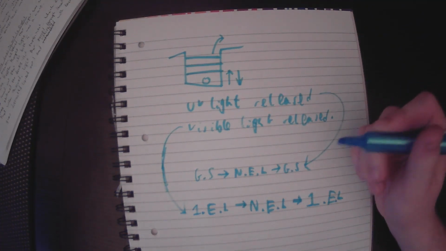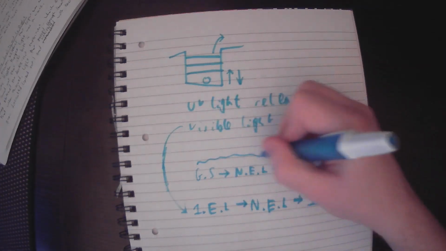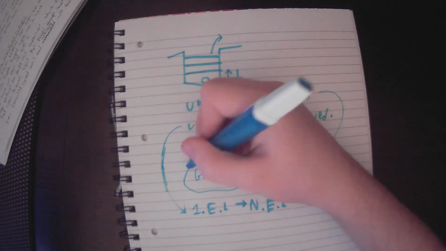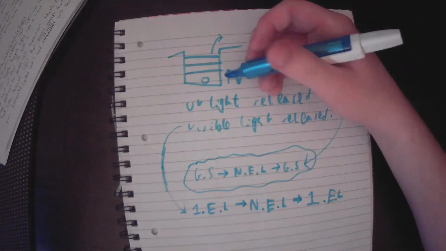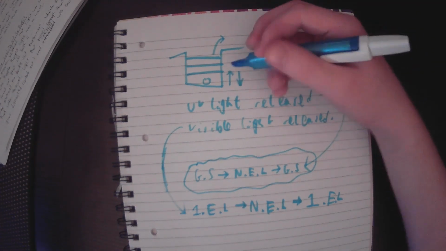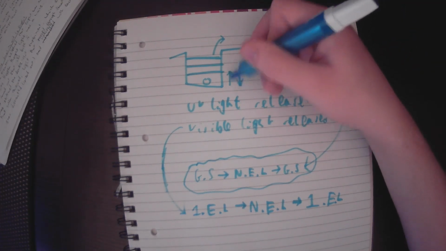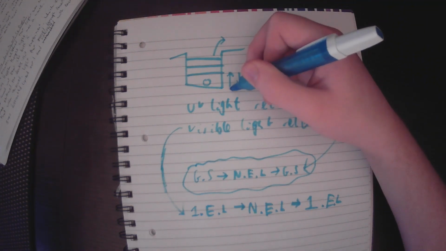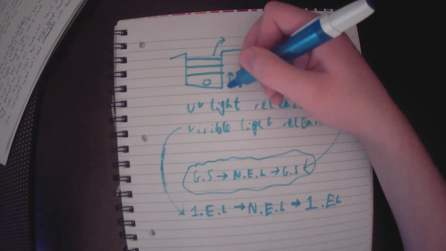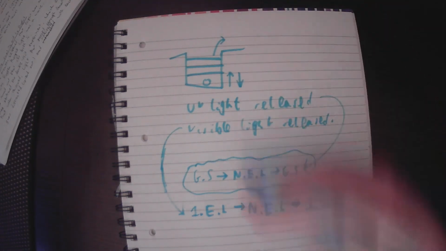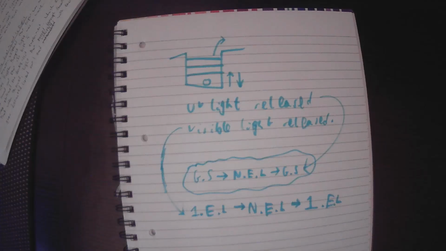In a hydrogen atom, when it releases ultraviolet light, it's not necessarily one wavelength. There's going to be one wavelength of ultraviolet when it goes from 0 to 1, one where it goes from 0 to 2, and one where it goes from 0 to 3, all of them obviously going back down to 0.